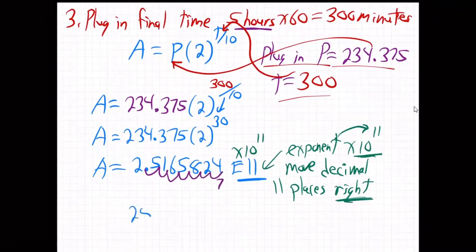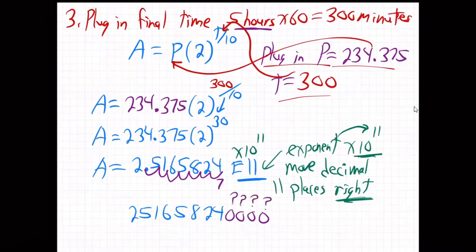So beyond that, there's got to be 4 more jumps. We don't know what those digits are, but I'm just going to bring in zeros. The calculator isn't able to show us, but I know where the decimal has to end up. It was right here between the 2 and the 5.